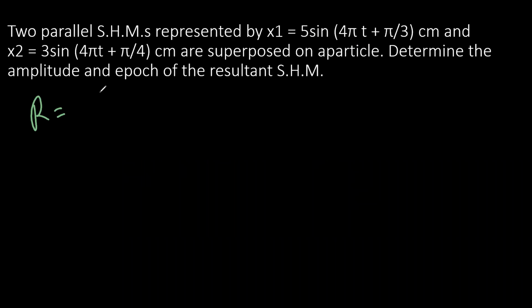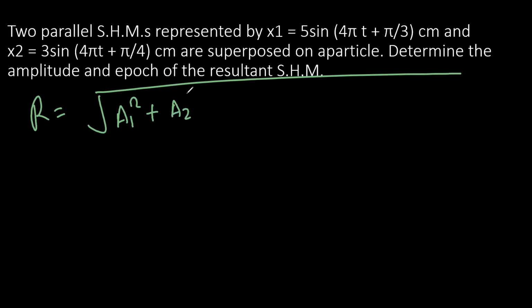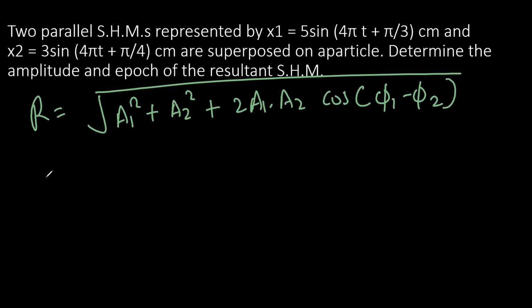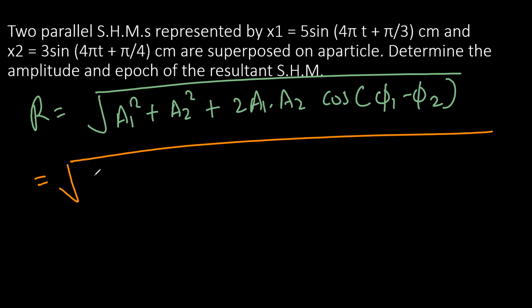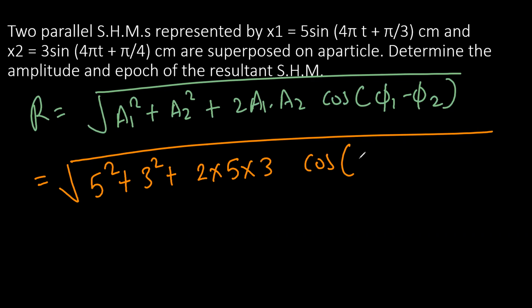See, what is the resultant amplitude? This one is square root of a1 square plus a2 square plus 2 a1 a2 cos of phi 1 minus phi 2. For this one you require a log table. So a1 is how much? 5 square. A2 is how much? 3 square. This is 2 into 5 into 3. So phi 1 minus phi 2 is pi by 3 minus pi by 2.